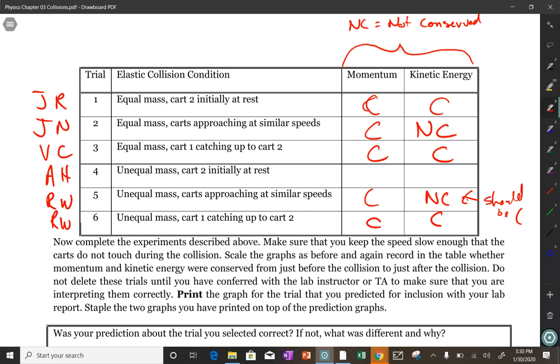Inelastic hits are any collision where they hit and stick together. You can actually look at your graph and tell. See how you've got this dip in between? So they didn't stick. That was just elastic. Change this to the elastic, not inelastic.